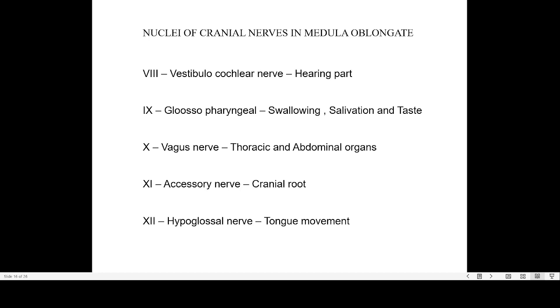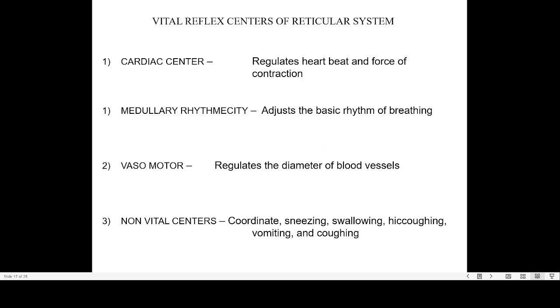The glossopharyngeal is mainly related to swallowing, salivation and taste. The vagus nerve is related to the distribution to thoracic and abdominal organs. The accessory nerve, the cranial part, and the hypoglossal mainly relate to the tongue.